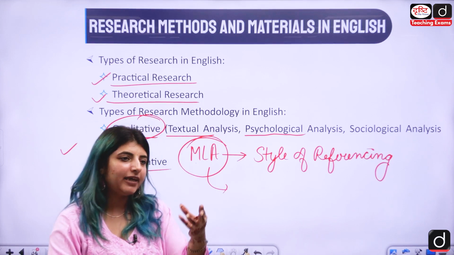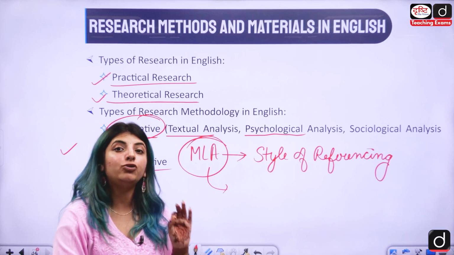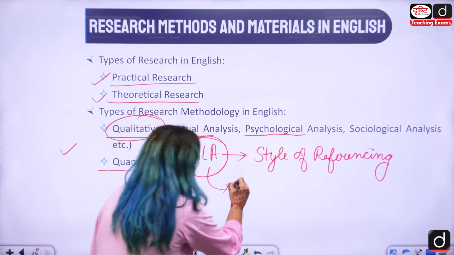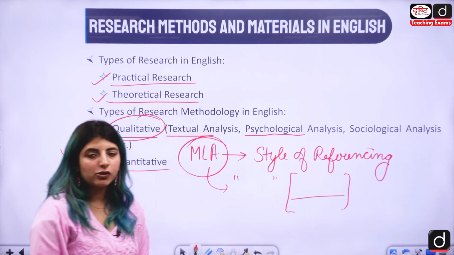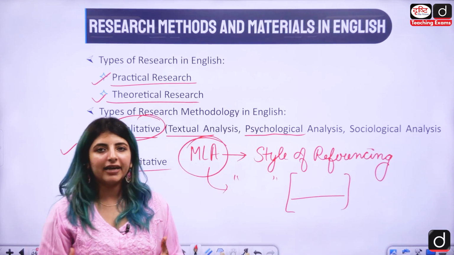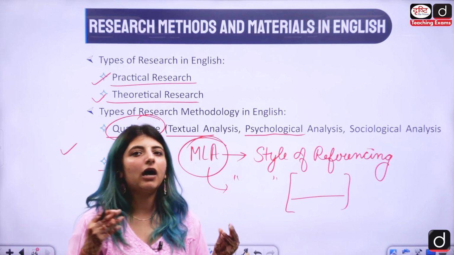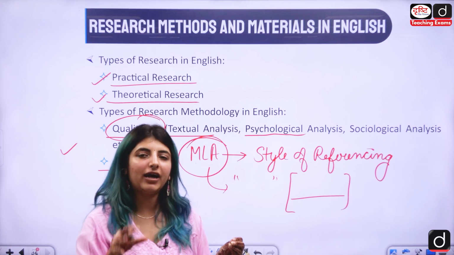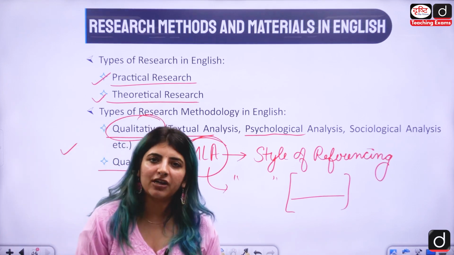So if you are taking certain things from someone's journal, resources, etc., you need to quote it. You need to put them in quotes, cite the name of the writer as well. So MLA, whichever edition comes, currently the 10th edition is going on. You need to know particular things, how to cite the author, the work, etc. at the end, correct? So with this, I hope the syllabus is pretty much clear with you all.